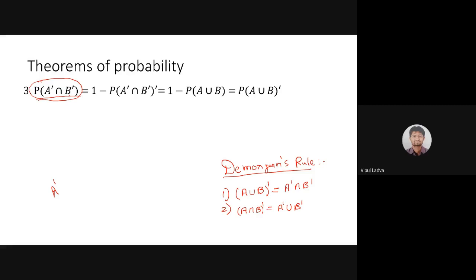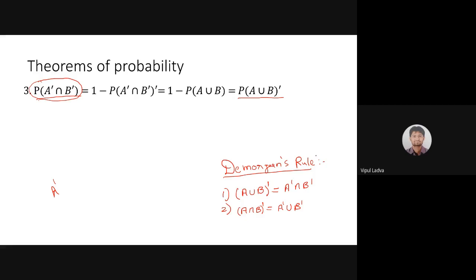This probability is literally equal to P of the complement of A union B. That means A या B होगी, उसका जो कॉम्प्लीमेंट मिलेगा उसके बिल्कुल सेम होगा ये दोनों. So why are both of these the same?